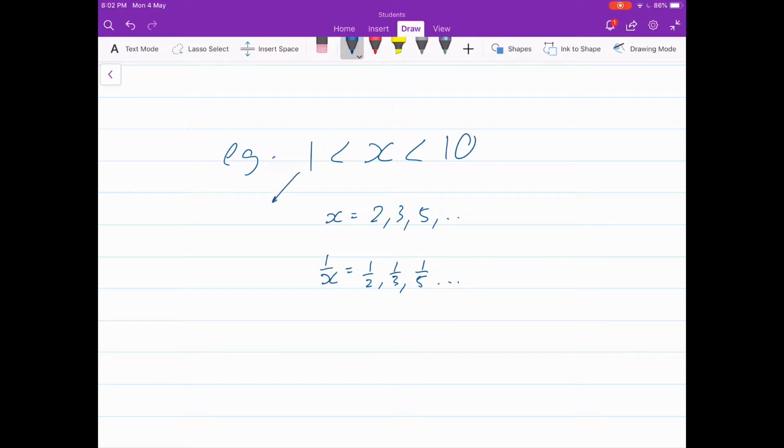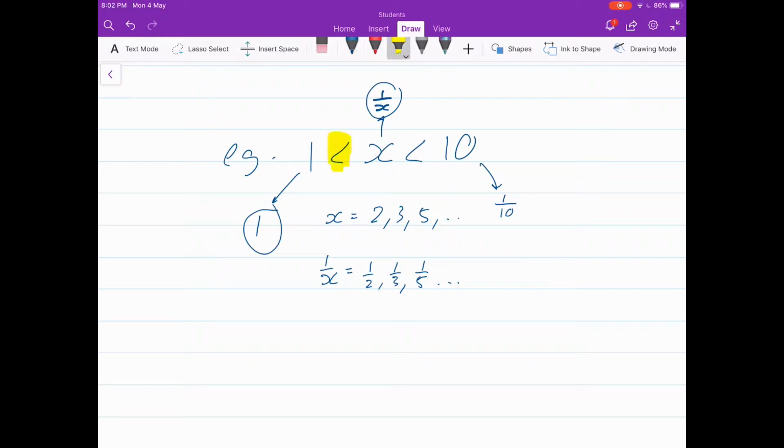And for these two values here, 1 over 1 is 1. And here, 1 over 10 is 1/10. And that's weird. If this becomes 1 over x, how can 1 over x be greater than 1 if I keep this inequality sign, and yet smaller than 1 over 10?